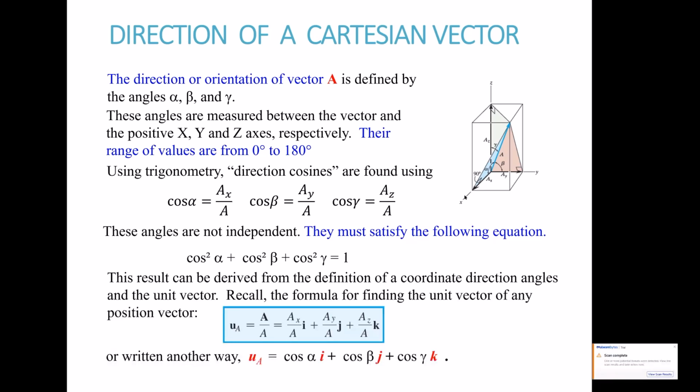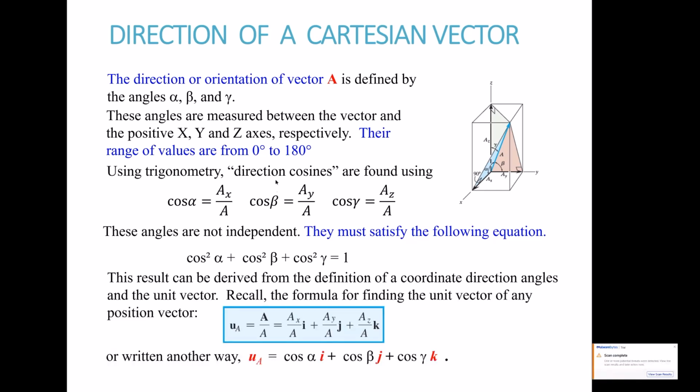If you made a plane with just the x-axis and the A vector, you would have an angle between these two vectors, and that angle would be identified as alpha. So you're just looking at it from the perspective of being 2-dimensional, right?